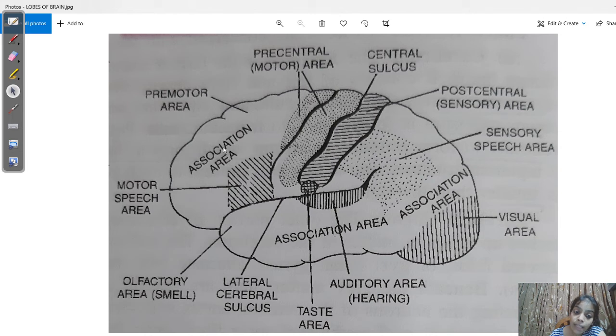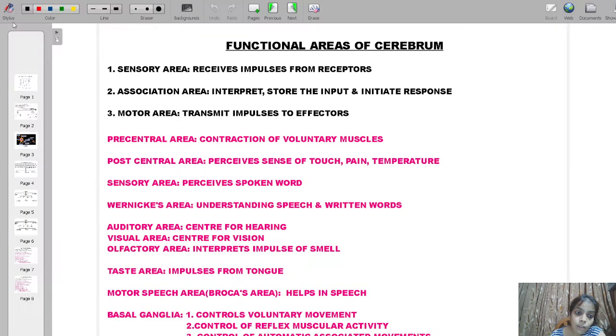Association area will be that area where the information will be processed. Now, the premotor area can control voluntary activities.